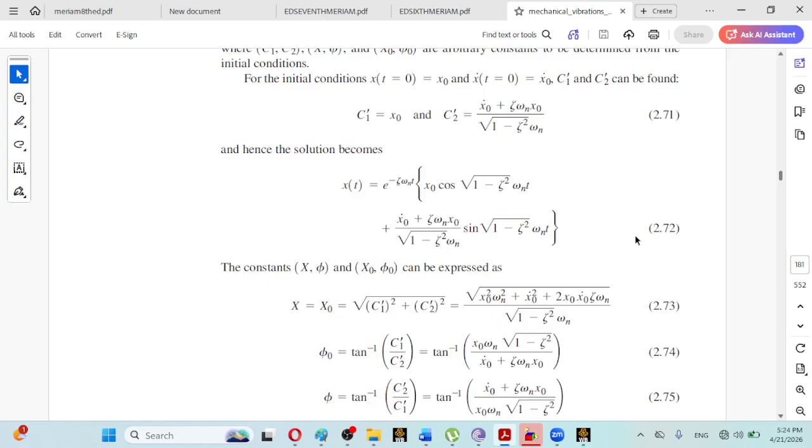When we will be completely plotting this equation, we will be obtaining that solid plot.